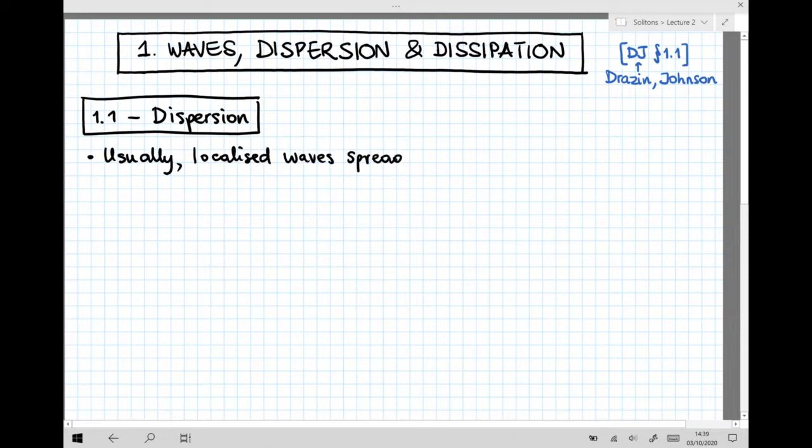And we call this phenomenon dispersion. So we'll say that these waves disperse as they travel. So we'll give a precise definition of dispersion later today.